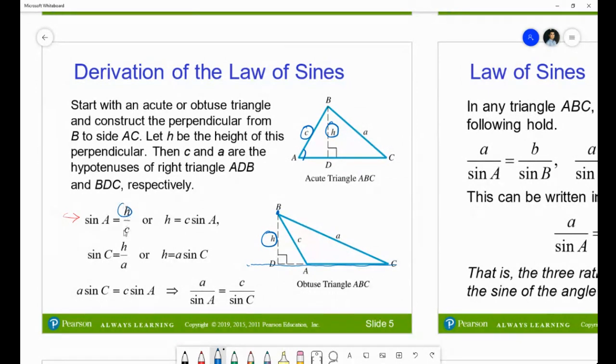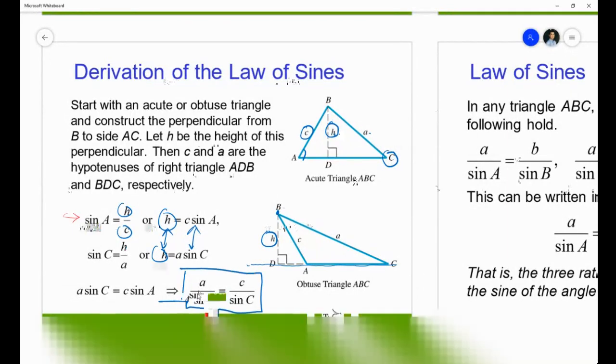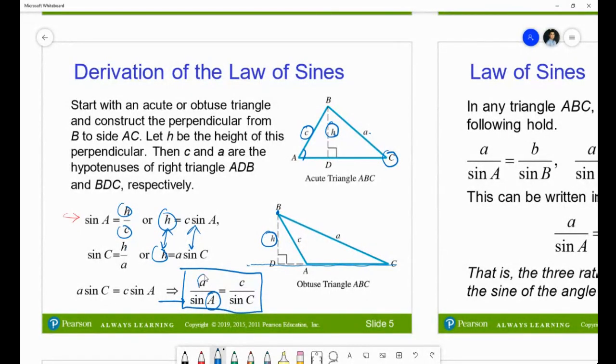So here we have opposite over hypotenuse, or we can solve for H. And sine C is opposite, which is H over A. Here we have H over A, or H equals A sine C. Now, since these two H are the same, we can set them equal to each other. So we have C sine A equals A sine C, or we write it as a ratio of its angle and its opposite side. So this is now the law of sine.